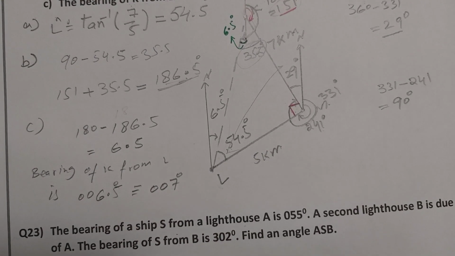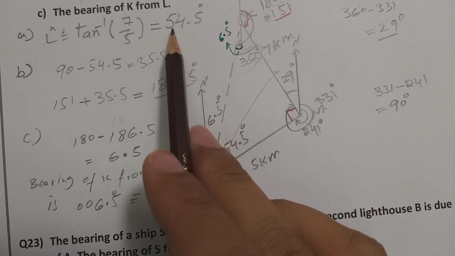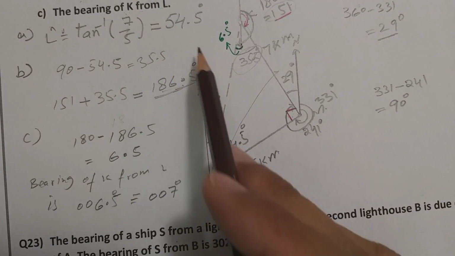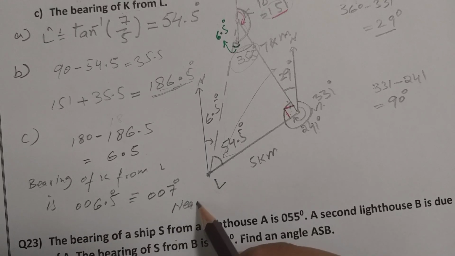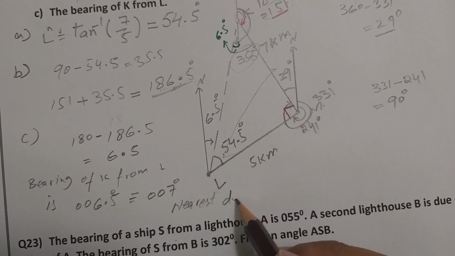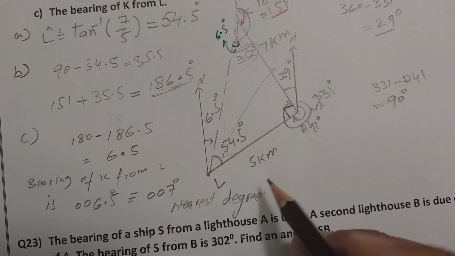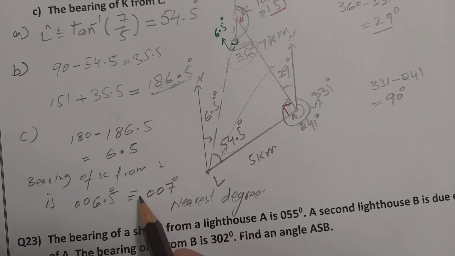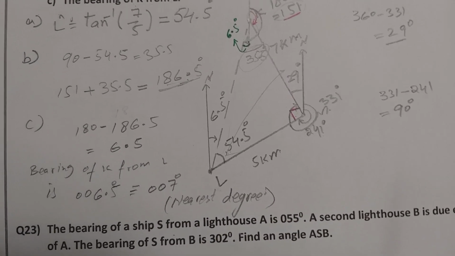So both are acceptable answers, no problem. But if we round from the beginning, then it changes, so at the end you can write it to the nearest degree, because it's a very small unit, so we put it as a whole number, nearest degree 007.